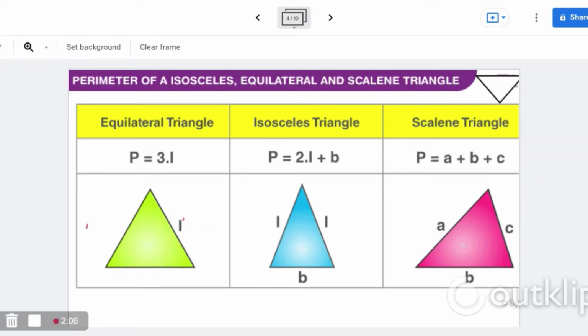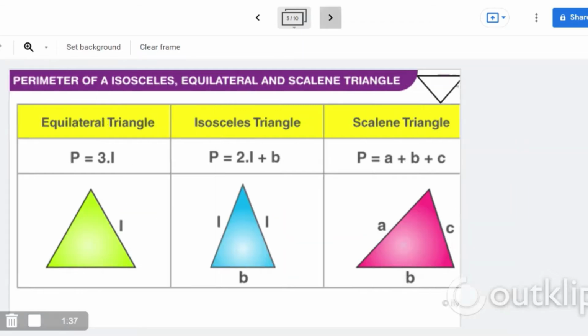So 2 plus 2 plus 2 is 6 centimeters. Either you can do it that way, or you can multiply 3 into 2, which is also 6. In the same way, for an isosceles triangle, you add these two sides and you add the base. And for a scalene triangle also it is simple. Add all the three sides, A side, B side, and C side. See, it is done here. This is how perimeters are found, but their areas are different.